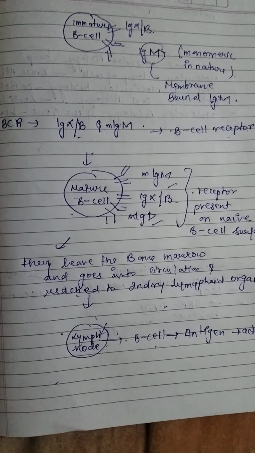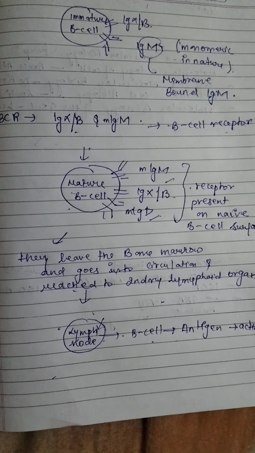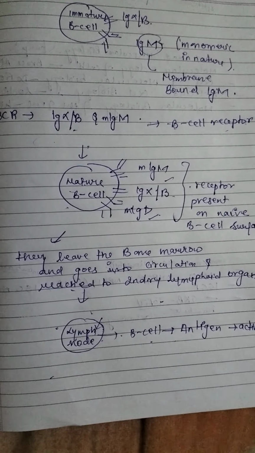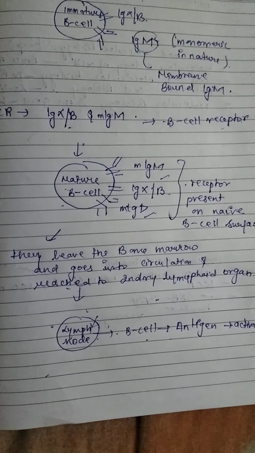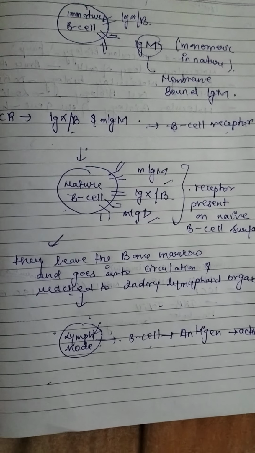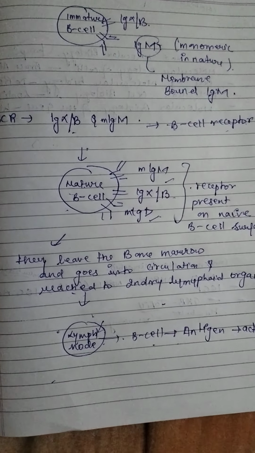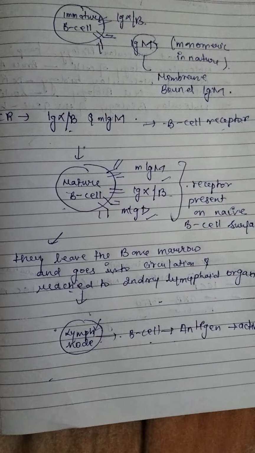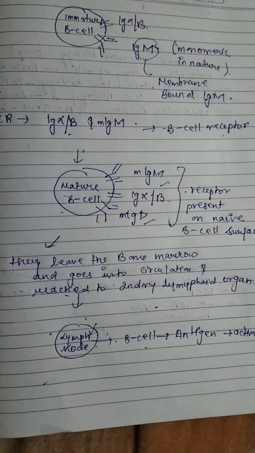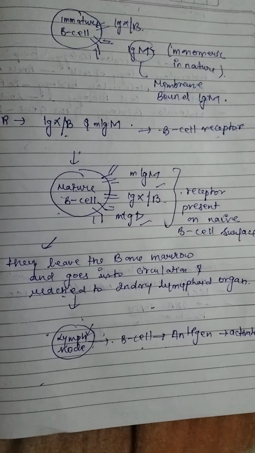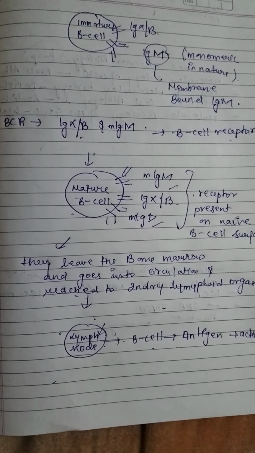After maturation of the B cell, the mature B cell consists of membrane bounded IgM and membrane bounded IgD with Ig alpha beta. There are two membrane bounded antibodies, IgM and IgD. These receptors are present on the naive B cell, or we can say mature B cells.